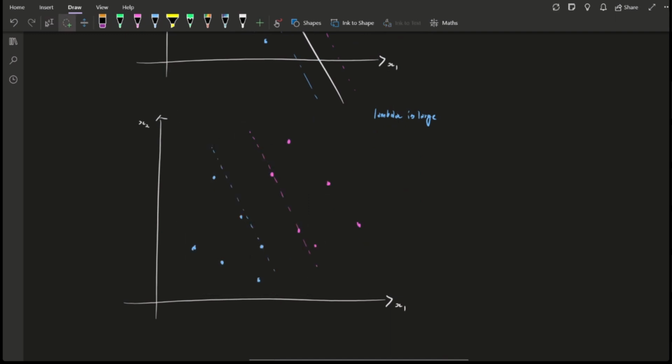Same set of data points. So now your margin is quite large, meaning that it might compromise the ability of your decision boundary to classify everything correctly and instead ignore some points near the boundary. So it might result in something that looks like this. This is your margin. It will allow some data points to go into the margin.